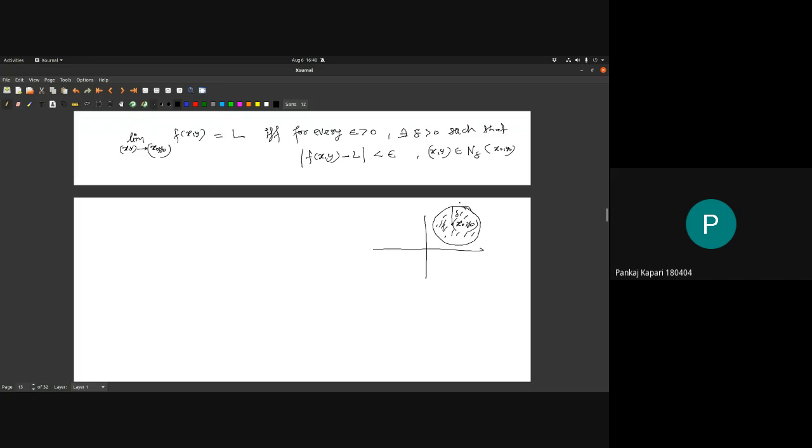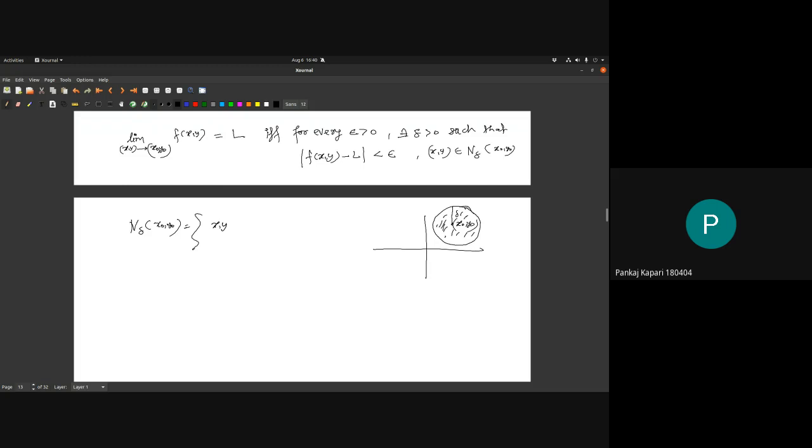Okay, it's a neighborhood, right? You are taking all those points which lie at most delta distance from (x naught, y naught).